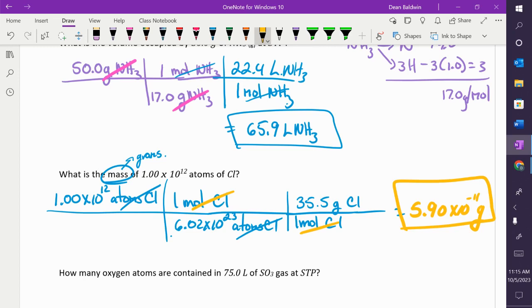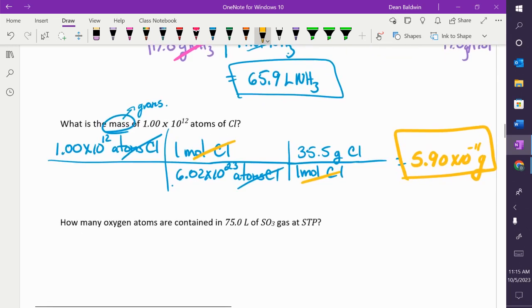What's the answer? 5.90 times 10 to the minus 11. That's what you said? There you go. And 3 sig figs because we had 3 in our beginning, and the rest of them are basically infinite. Okay.